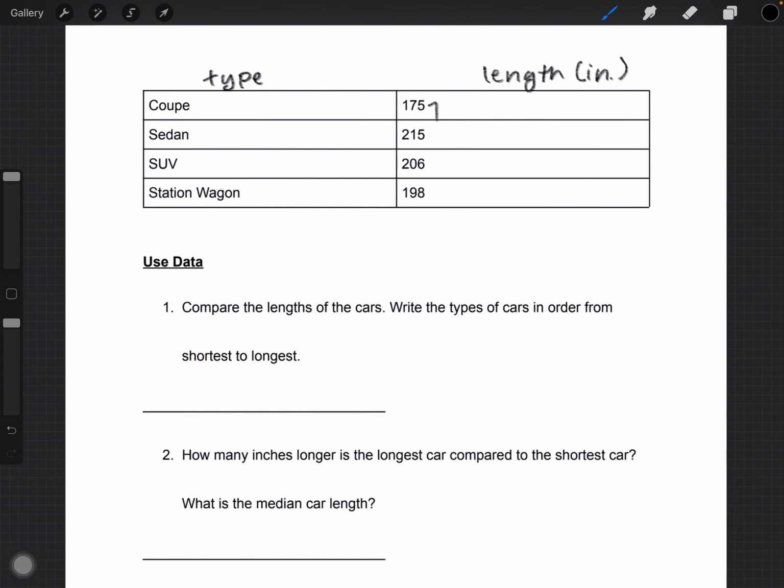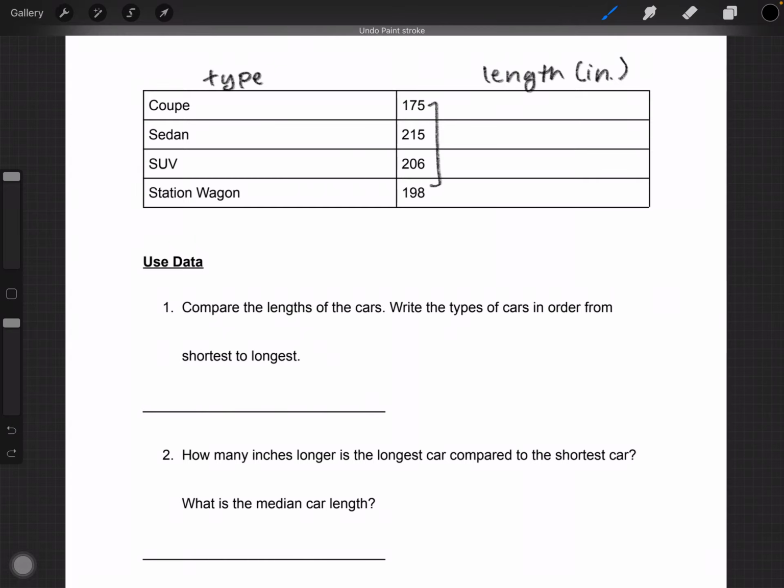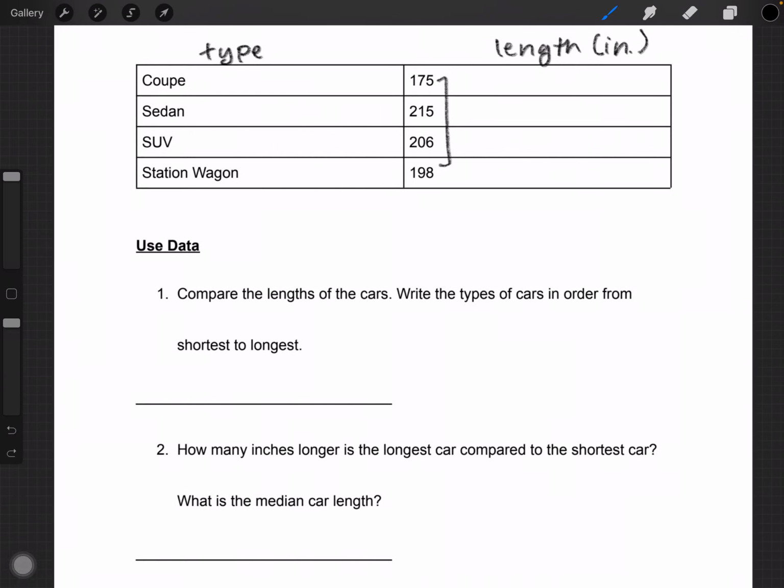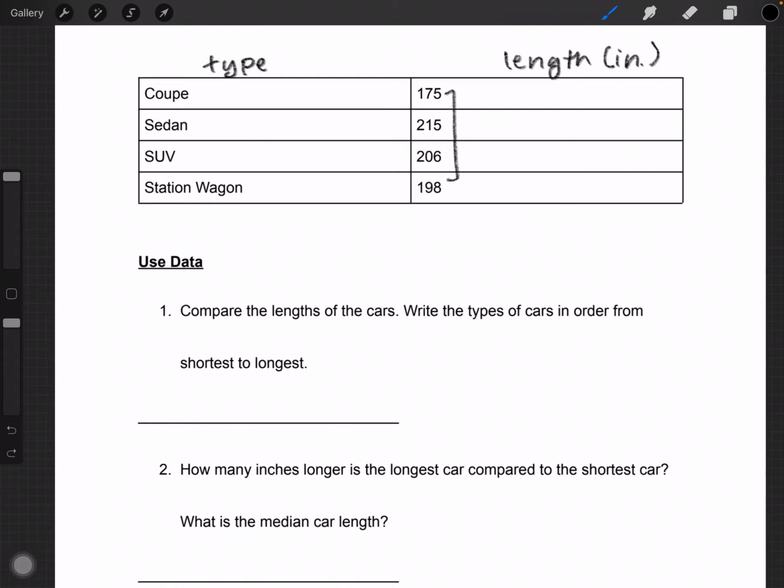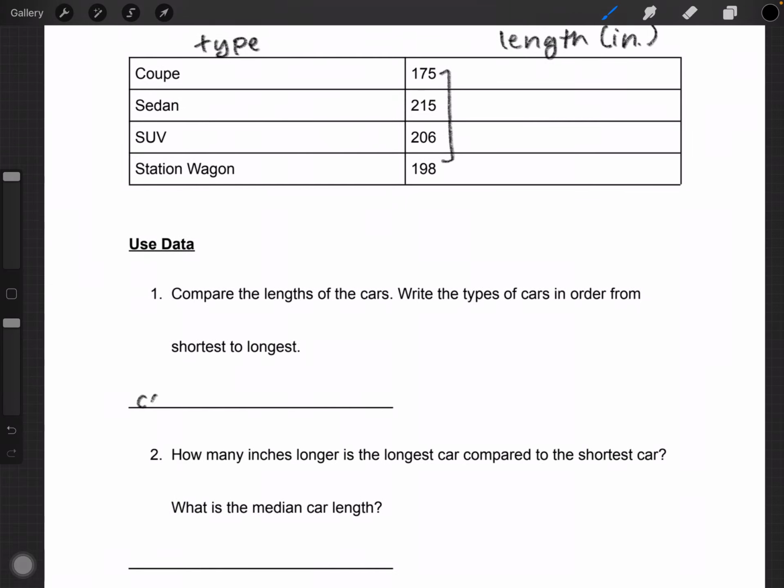So we just have to order these numbers and correspond them to their types. The shortest I see is the coupe with 175. After 175, 198 is the station wagon. Then 206 is the SUV. And lastly, the sedan is the longest at 215.